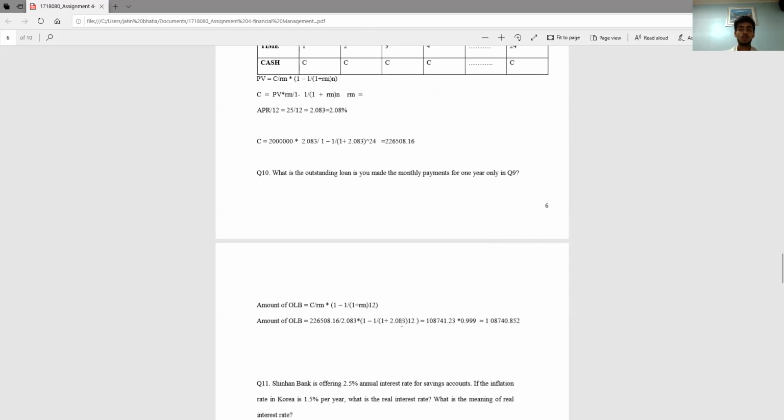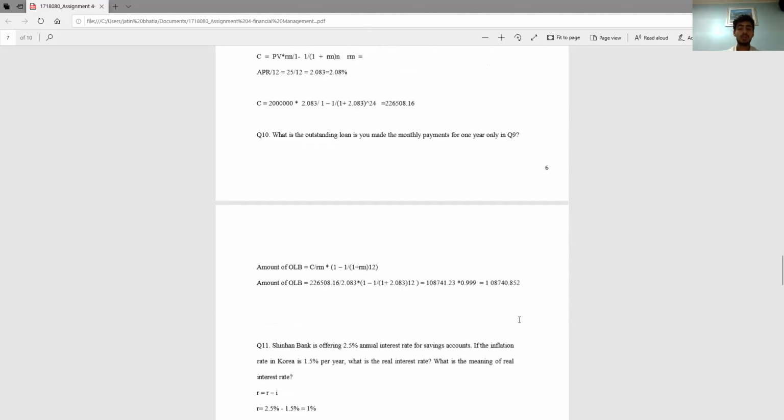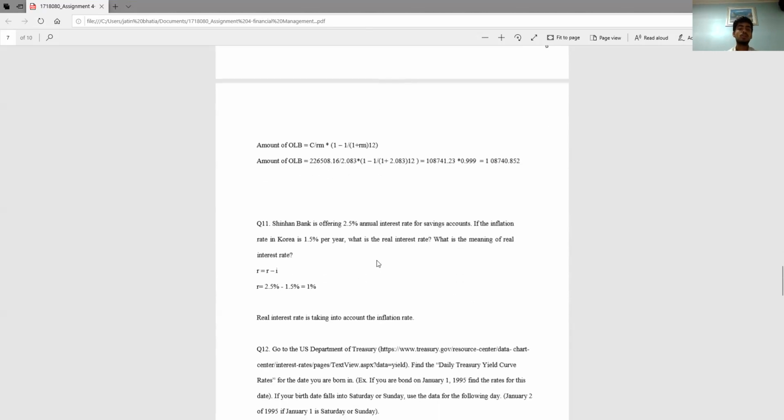This is the interest rate, 2.083 divided by 12, equal to 0.99, and our answer is 1,00,000, 8,740.852.